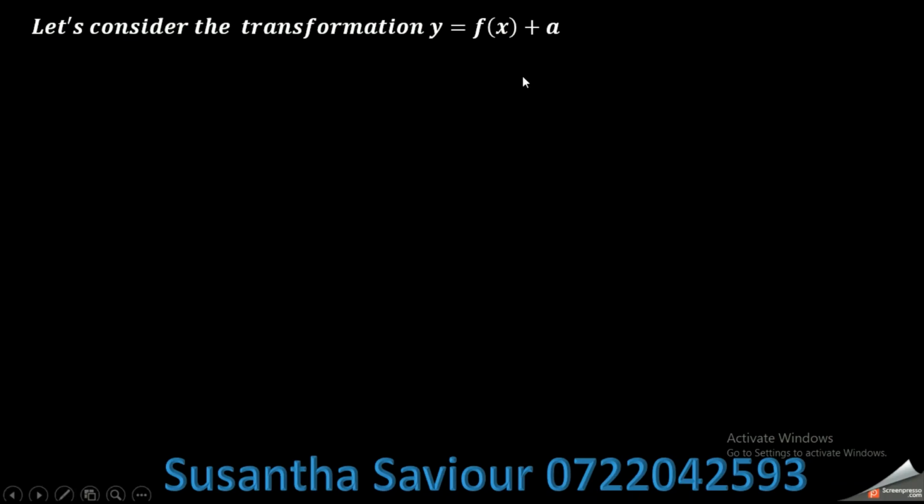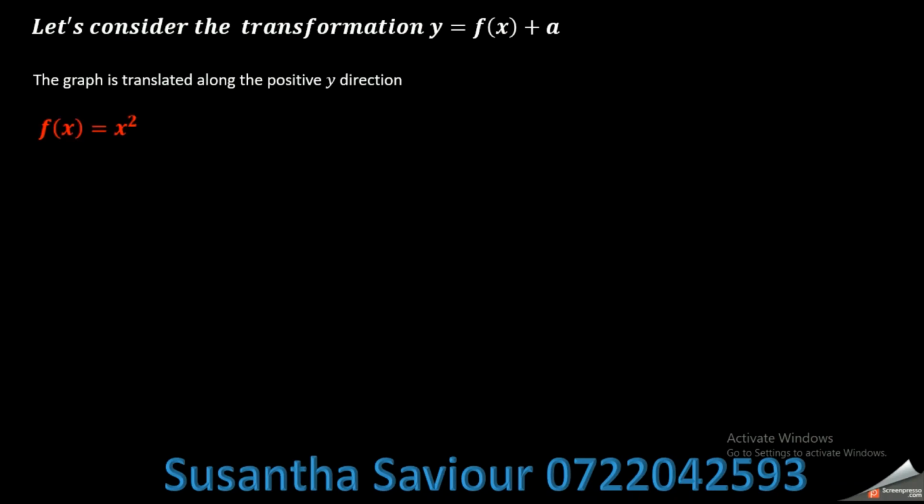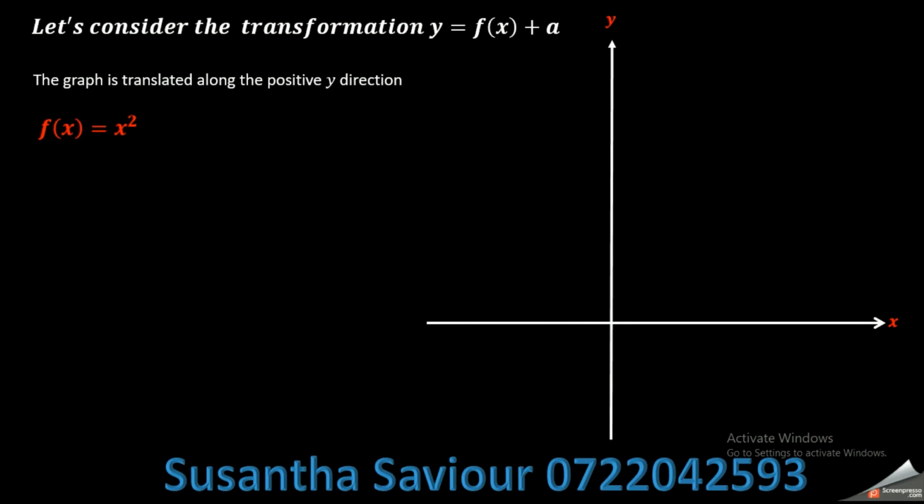The curve is moving along the y-axis towards the positive y direction. We will look at this example, f(x) equals x squared. If you sketch it, this is a very simple graph. By this time we have done this many times. Look at this, this is the initial graph.